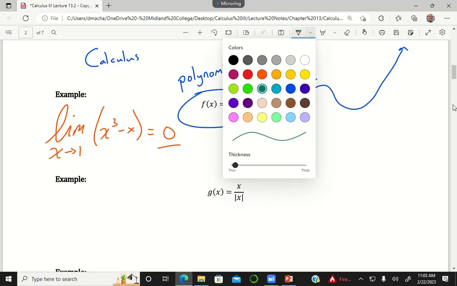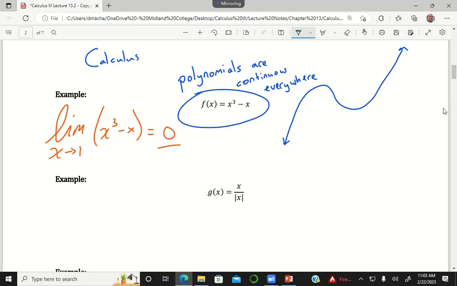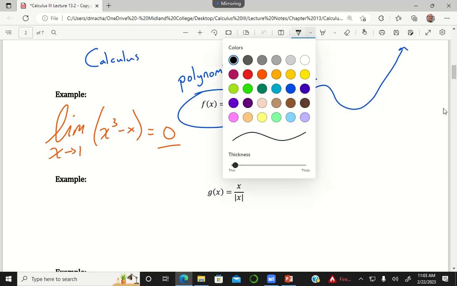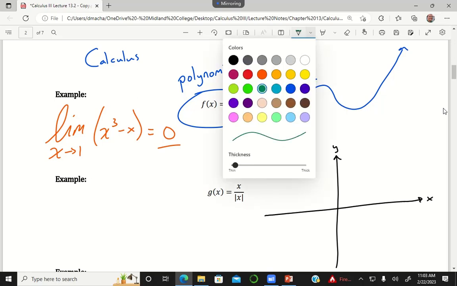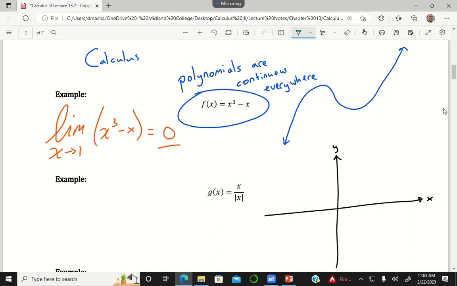For the next one, g of x, this is x divided by absolute value of x. And so whenever x is a positive value, then this is just going to be the same number in the numerator and denominator.